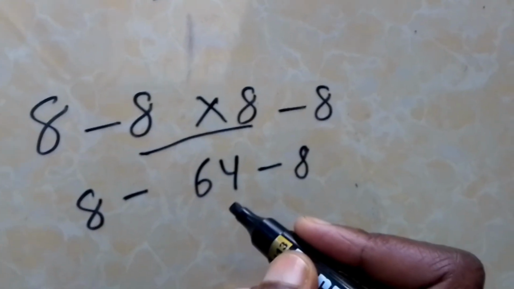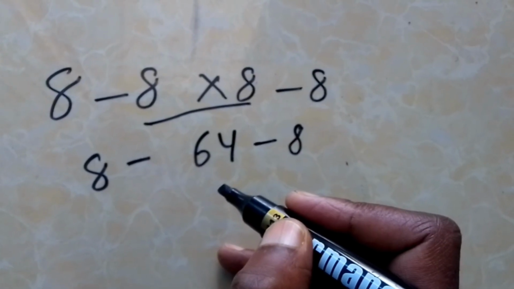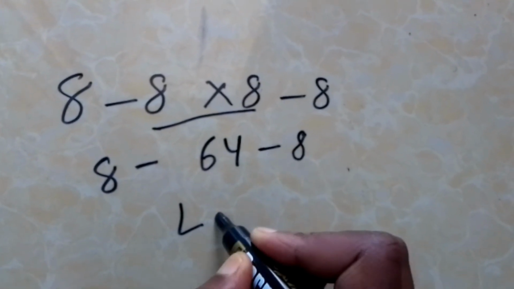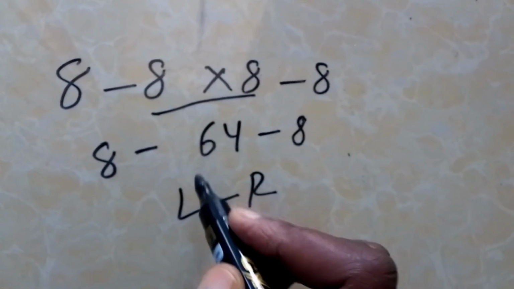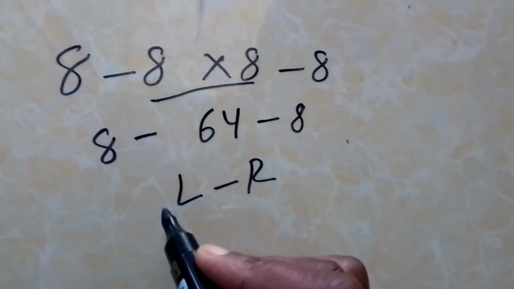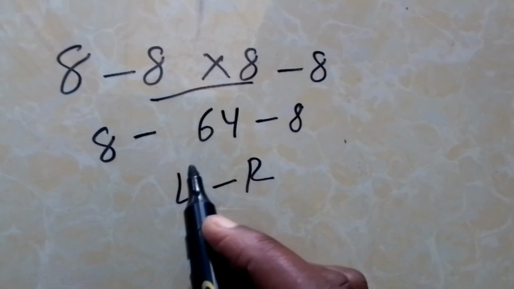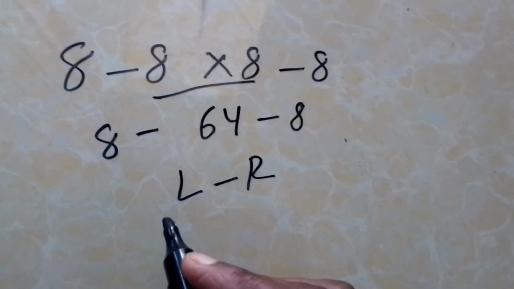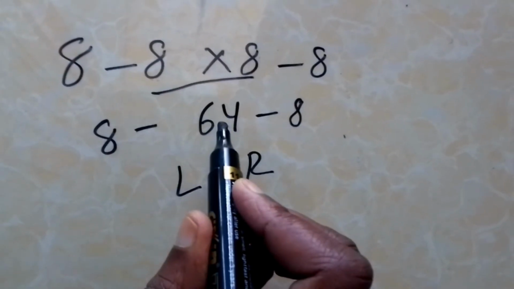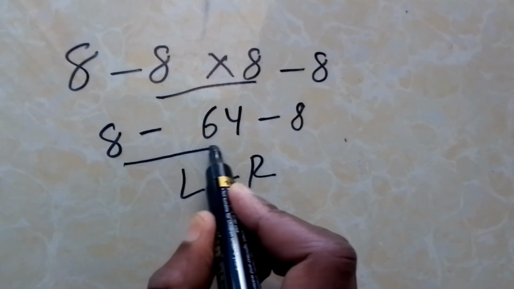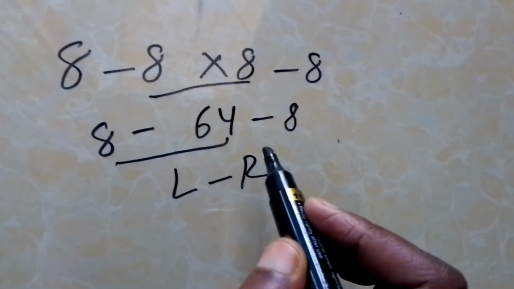As I have told you earlier, when we deduct this one, we start from left to right. That means 8 minus 64 is solved first. 8 minus 64 is our first operation, and then the next will be continued.